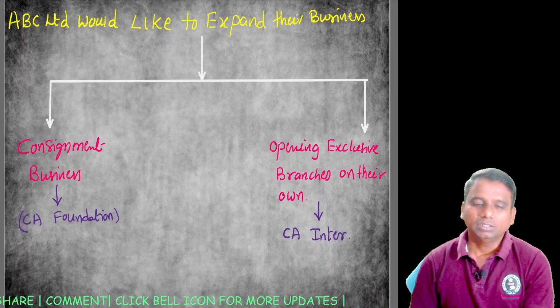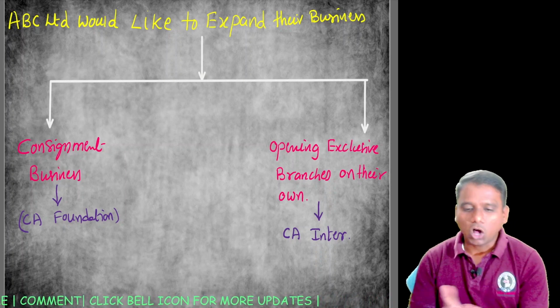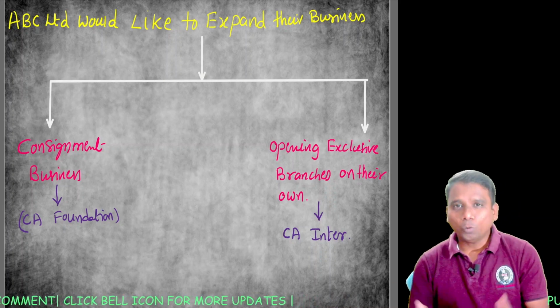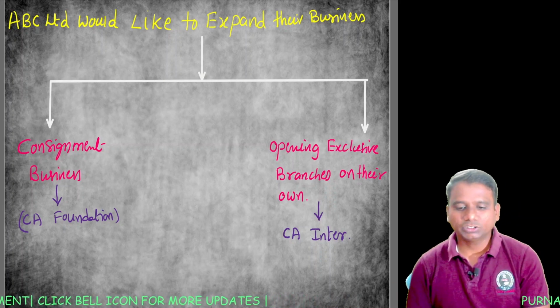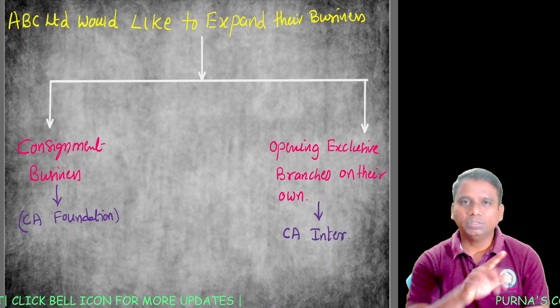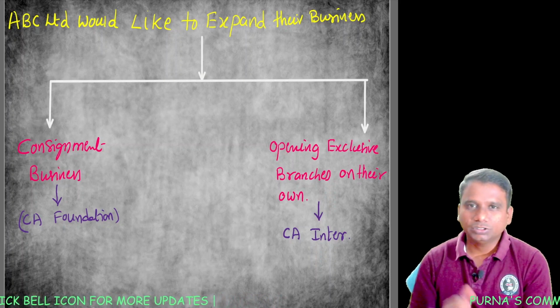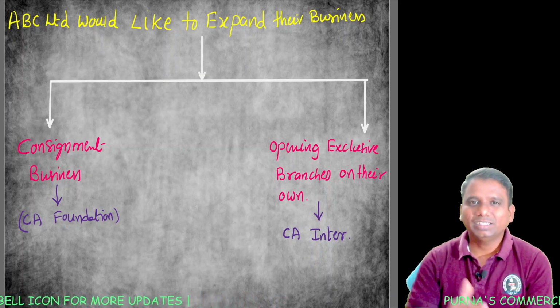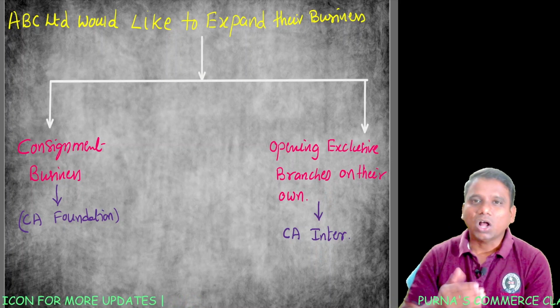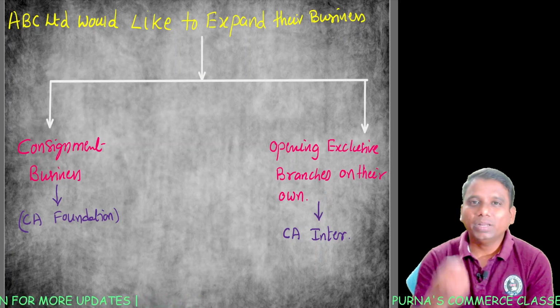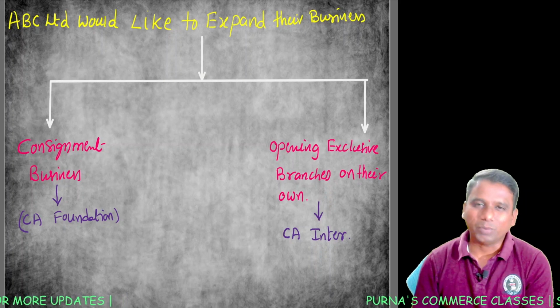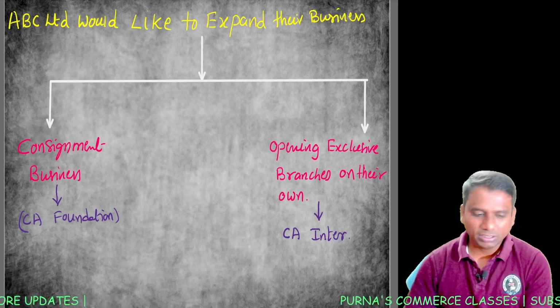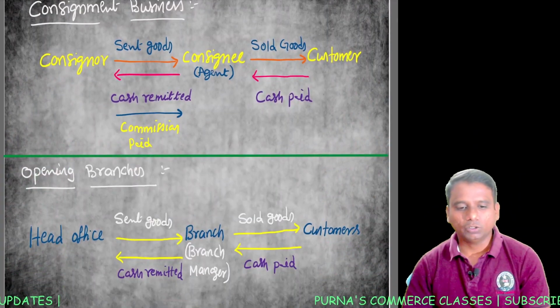Or else we open exclusive branches of our own. So the two options are: you may send goods on consignment basis, or you may open your own branch. First we discuss what happens in case of consignment.